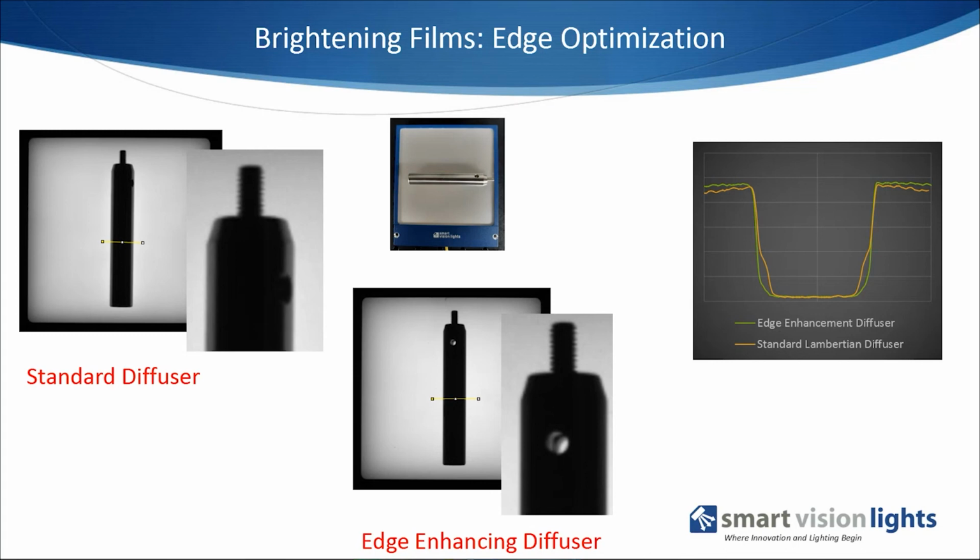So that of course is what we want for gauging, metrology, any kind of measurements we're going to make in this system. Lastly, the graph on the far right is showing the responses of the filter and what you get with the standard Lambertian diffuser, which is an ideal diffuser there, and what happens with the edge films.